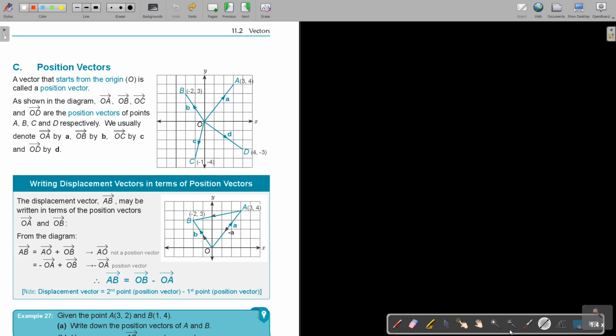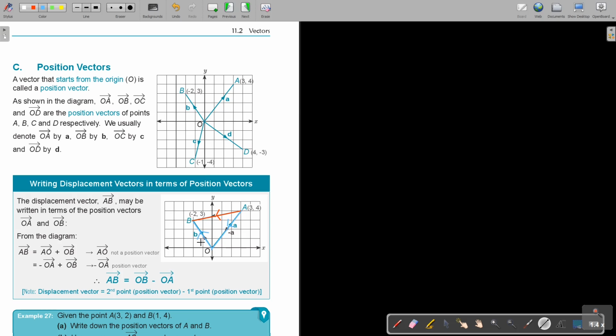This is AB. Okay, do you see this is AB? And I want to write it in terms of position. Now again, this is my movement. You find your movement. You will go from A to O. You must write the long way. And then from O to B. That is going to be your movement.